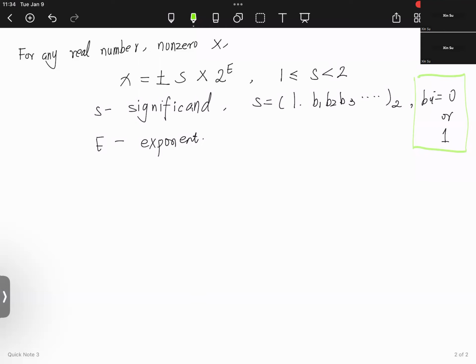Any questions? If not, there's one question here. How does the computer store numbers?